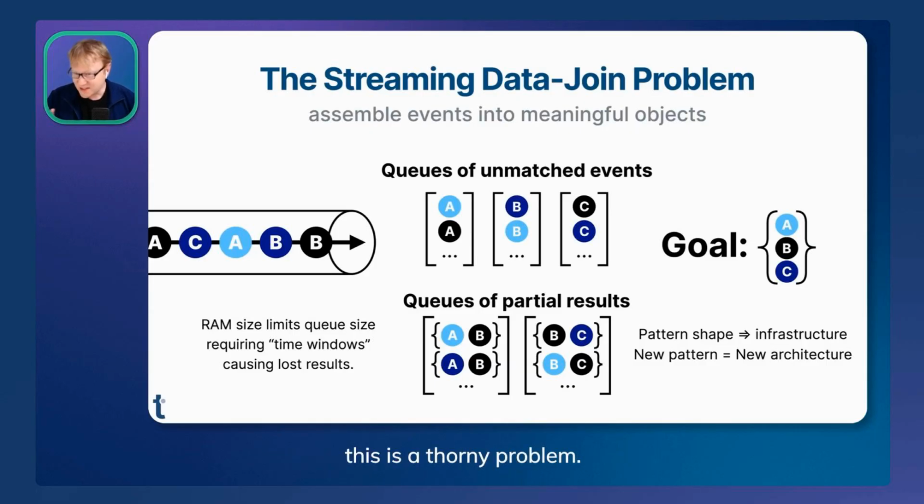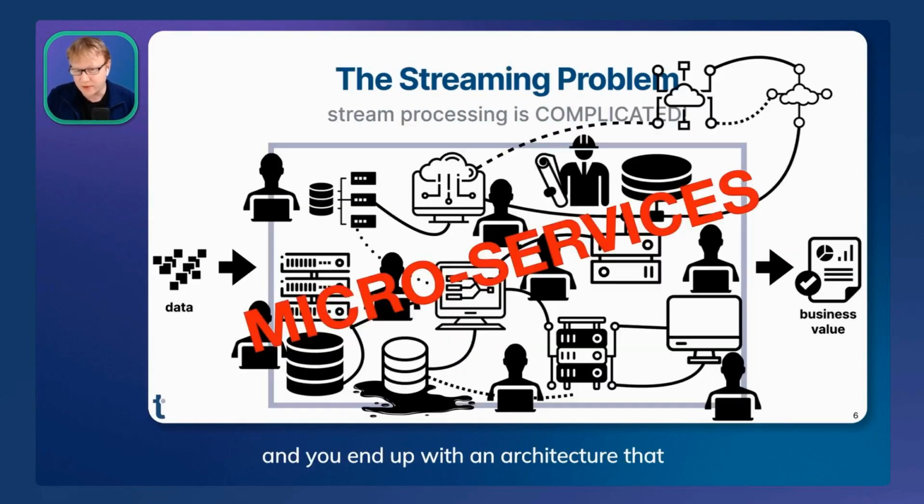And so this is a thorny problem, and it tends to start out with some smart engineers who can find a way to solve this. But then over time, it grows and evolves, and you end up with an architecture that kind of looks like this. We've got data coming in on one side, and the goal is to transform that data into the business value, the purpose for why we built this pipeline in the first place.